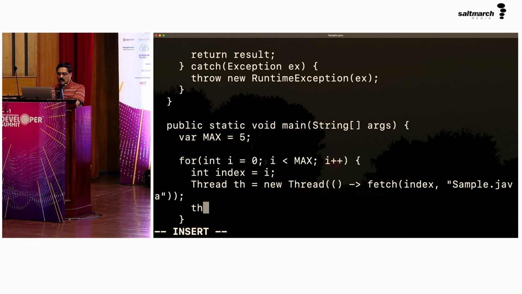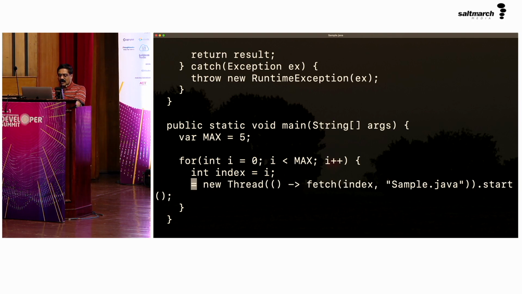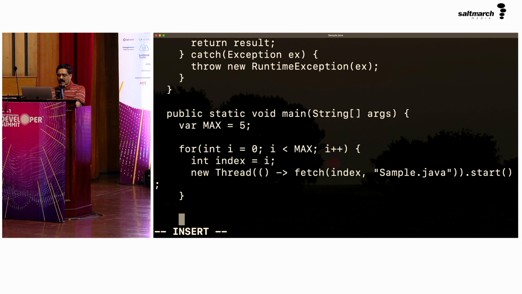Then I say thread.start. Let's make our life a little easier, so I'll simply say .start. So I'm starting the thread right there as soon as we enter it. Then we'll just wait for a little while. So try Thread.sleep for about 5 seconds, and catch exception, keep moving.